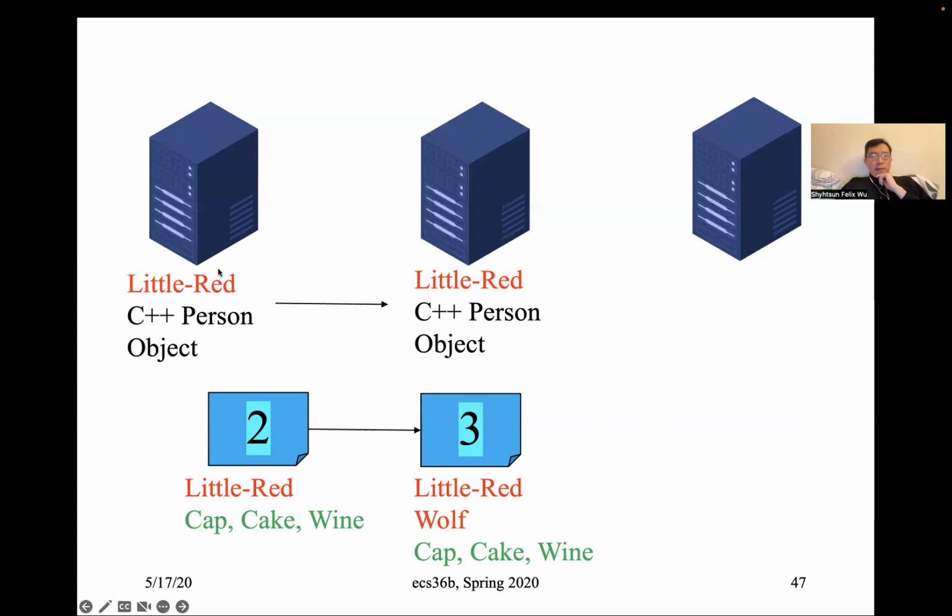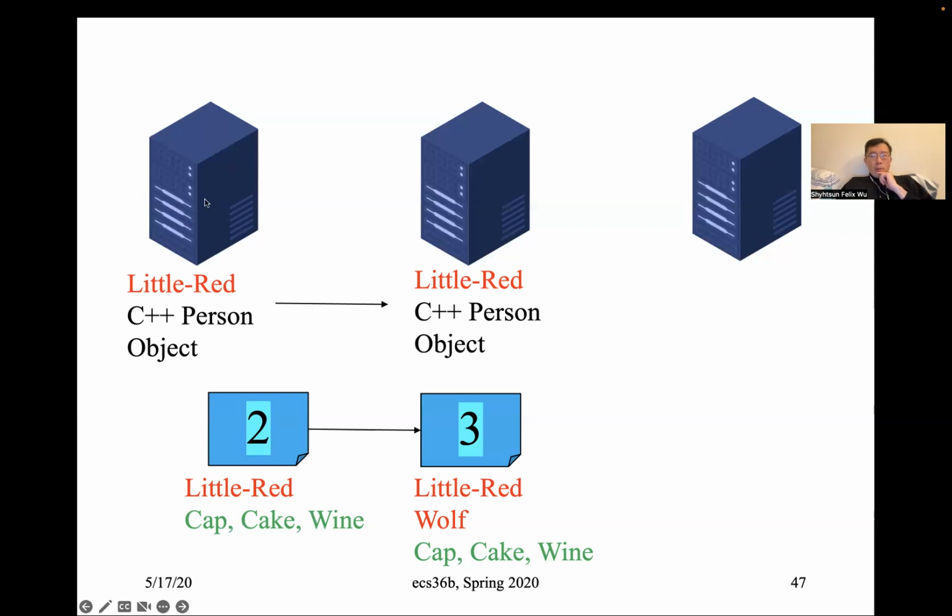So you can see that the first server is the home, the second server is the forest. Essentially, for record number 2, little red, which is a C++ person object, is in the home server, which is HW5 home.cpp, or HW5 home as an executable.